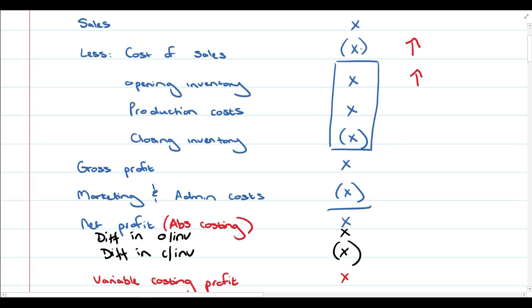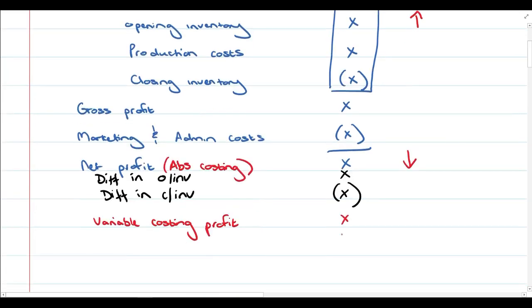And if cost of sales is higher, remember that's an expense, then profit is going to be lower. So the absorption costing profit should be lower than the variable costing profit. Or another way to look at it is the variable costing profit should be higher than the absorption costing profit. And that is the reason why we add the difference in opening inventory. You take a lower amount, you add the difference in opening inventory to get a higher amount.